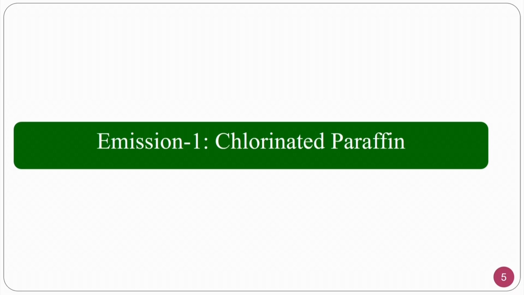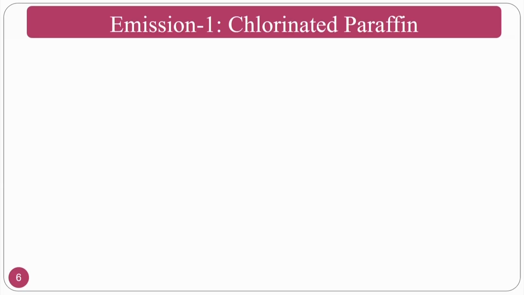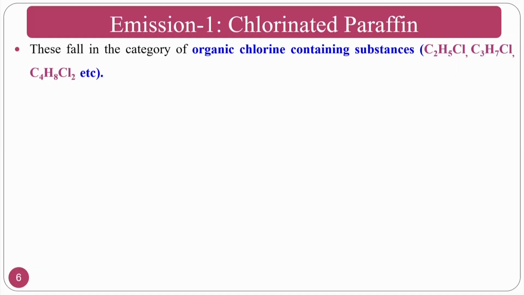The first one, chlorinated paraffin. First you should understand what a chlorinated paraffin is, then we will go ahead with its consequences. Okay. These chlorinated paraffins fall in the category of organic chlorine containing substances.